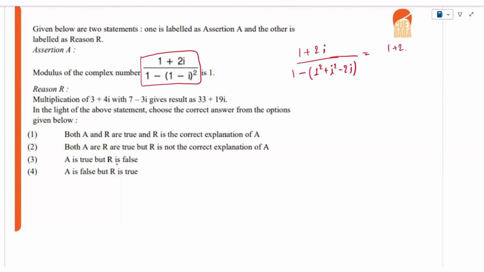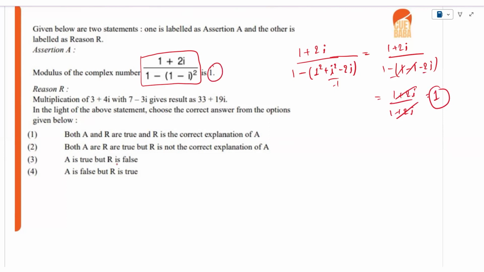So it is 1 plus 2i upon 1 minus 1 minus 2i, since i square is minus 1. 1 minus 1 and minus 1 will get cancelled out, so it is 1 plus 2i upon minus minus, which gives plus 2i. Both will get cancelled out and the answer is 1. So modulus is also 1, right?